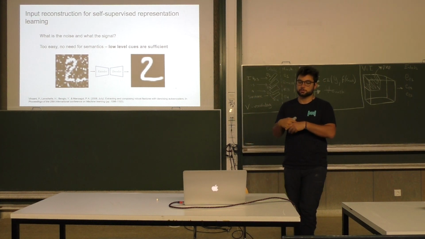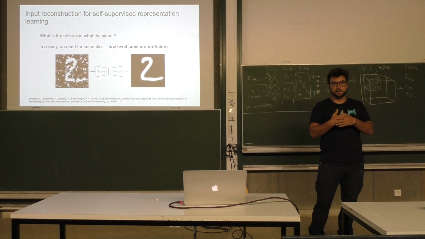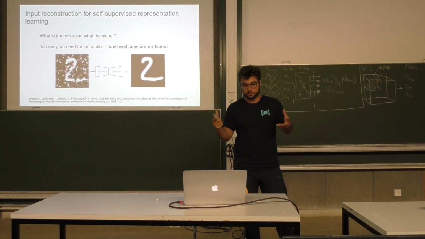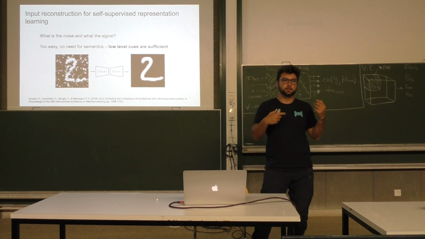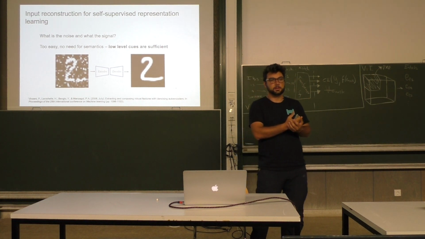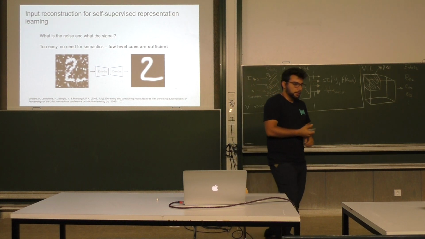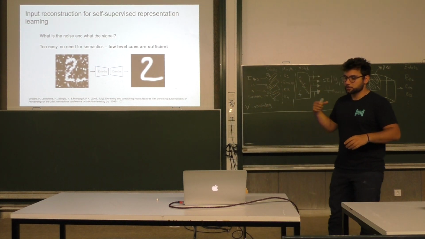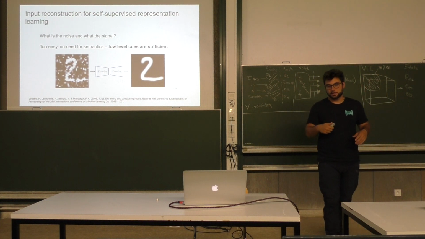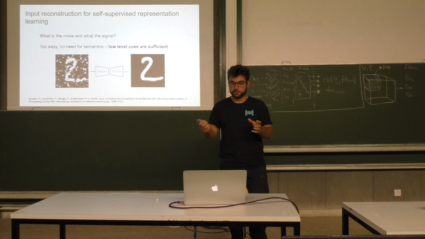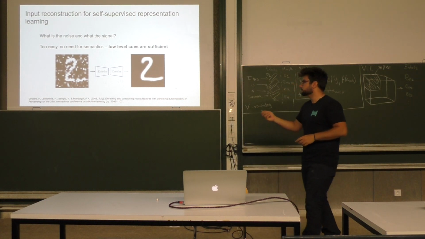For image classification, it's the class, here the digit. So it's very hard for the model to distinguish between what is the actual noise in the data and what is the signal. As shown in the slides, low-level statistics or cues are sufficient to reconstruct the digit.